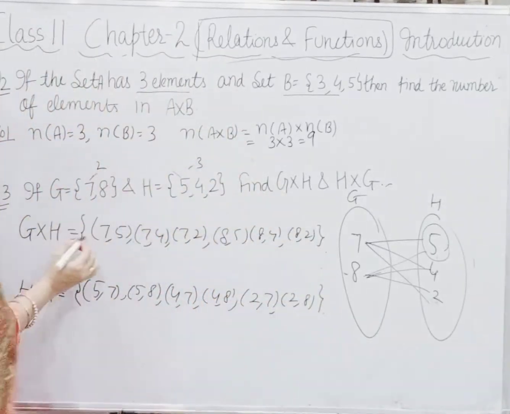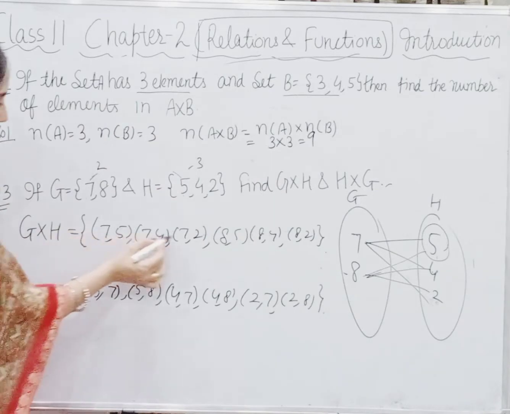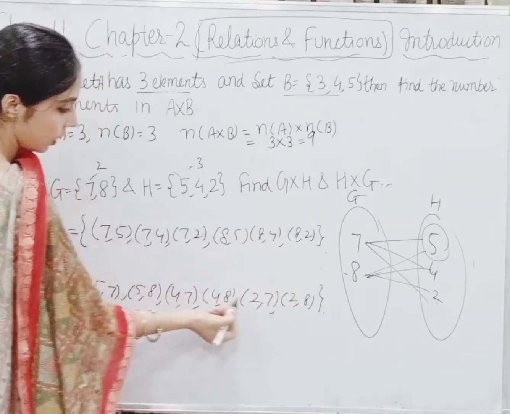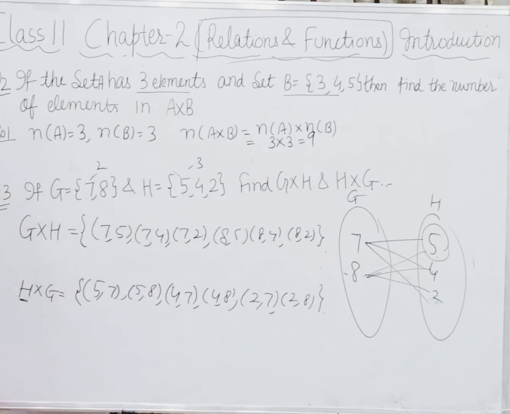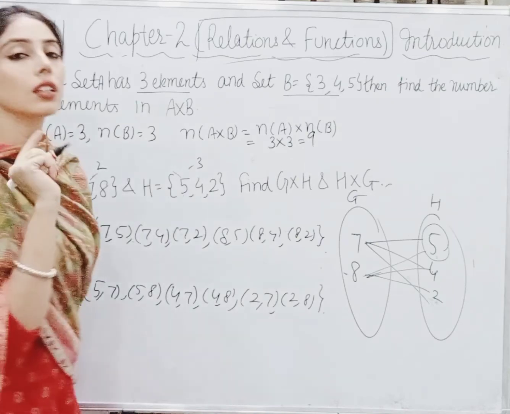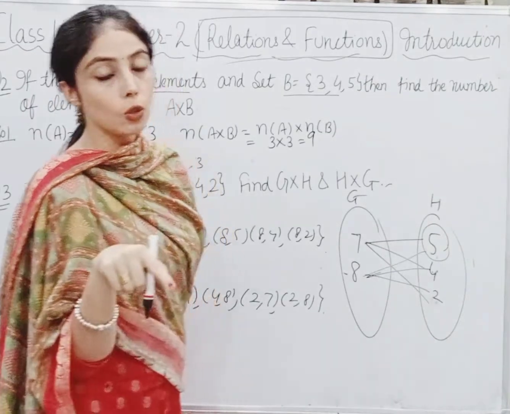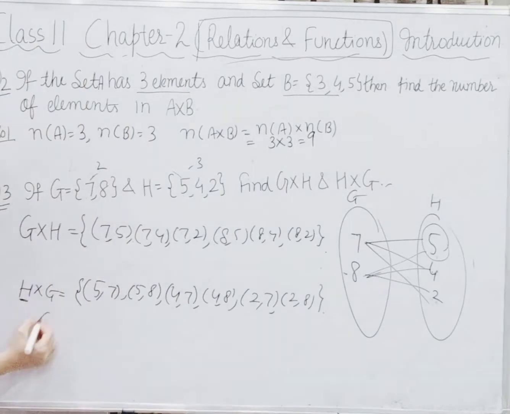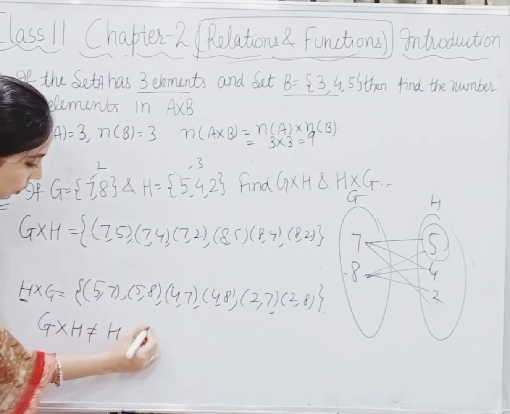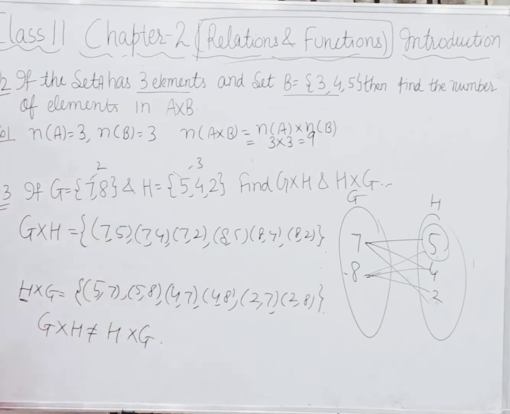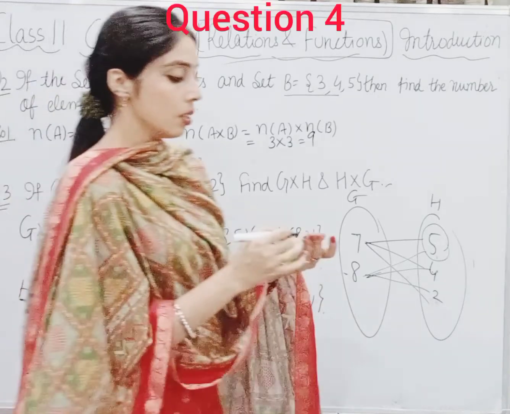Here we have 6 elements: 1, 2, 3, 4, 5, 6. The number of elements is the same but the products are not equal. G cross H is not equal to H cross G, but the number of elements is equal.